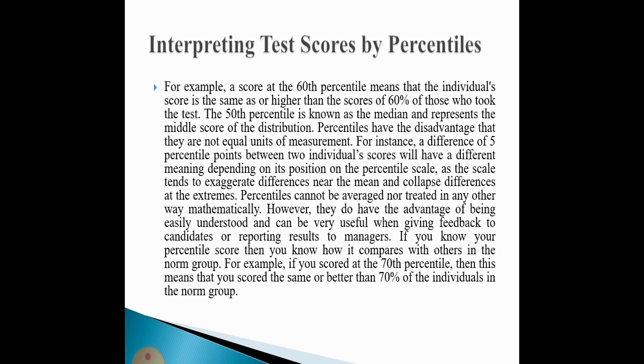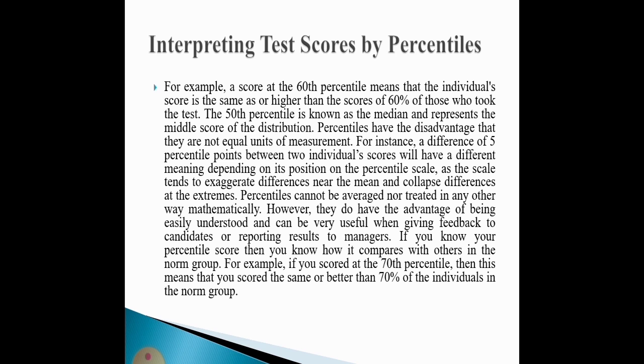Percentiles cannot be averaged nor treated in any other way mathematically. However, they have the advantage of being easily understood and can be very helpful when giving feedback to candidates or reporting results to managers.